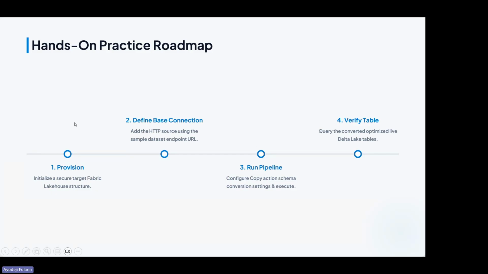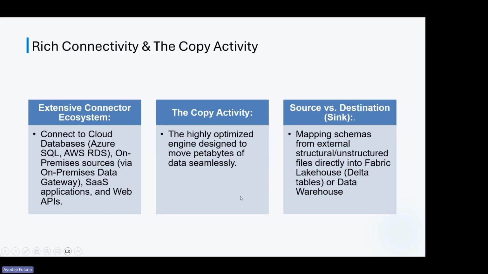Now, the next thing I want us to look at here is the rich connectivity and the copy activity. When we talk about Azure Data Factory, you can do some wonderful connectivity here.